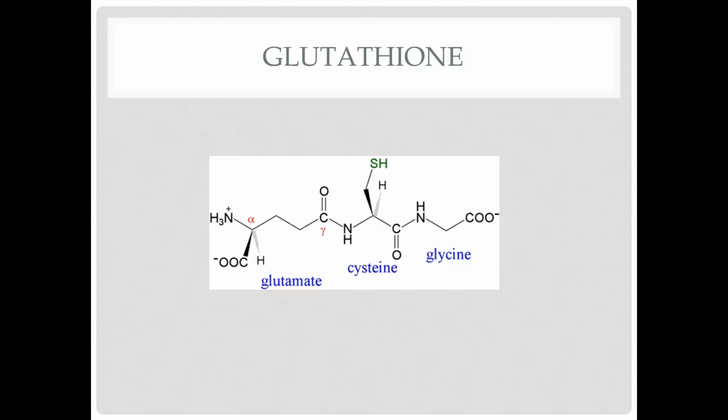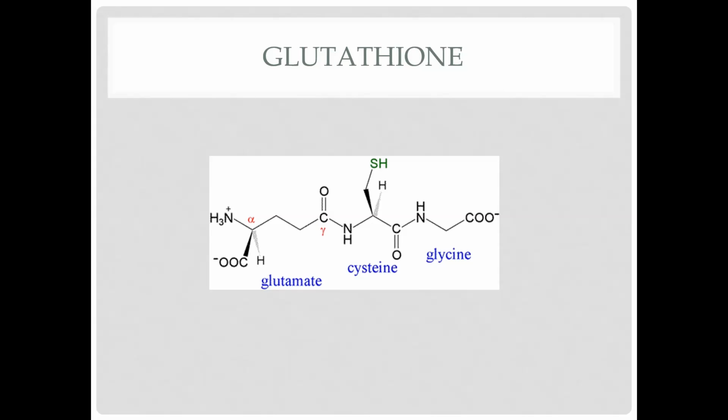You'll notice that the bond between the glutamate and the glycine, it is a peptide bond, but it's between the gamma carboxyl group, not the alpha carboxyl group, like it should be. So that's an unusual bond.